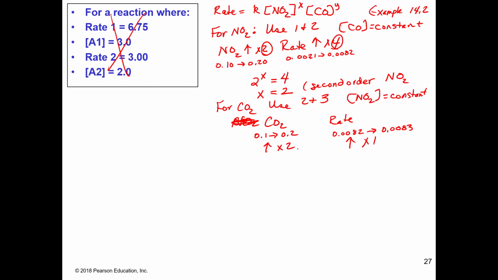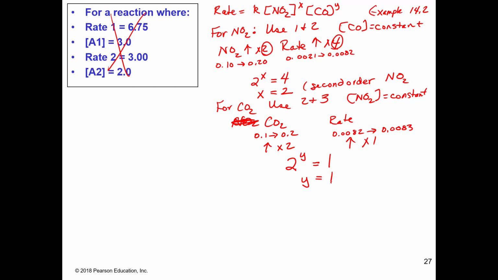So the way I do it is 2, and this time it's CO, so it's to the y. So 2 to the y equals 1. So y must equal what? 1. Yes. Yay. Because anything raised to the first power is 1.